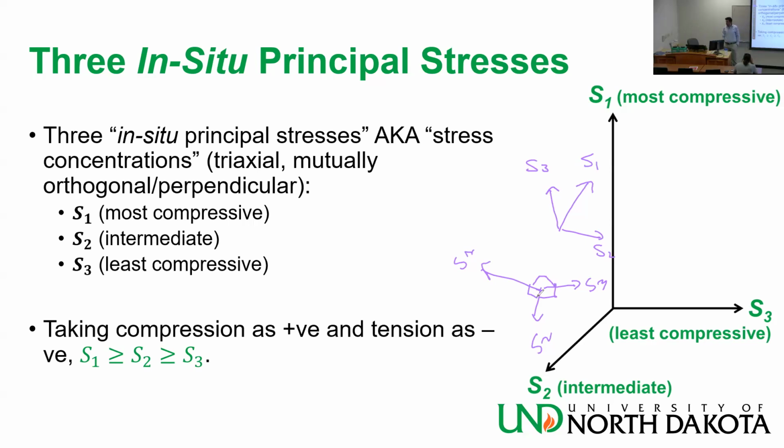I can do it arbitrarily. So for instance, I can have the S1, S2, S3 configuration that you see in this diagram. S1 looks up, S2 looks towards me, S3 looks the other way.